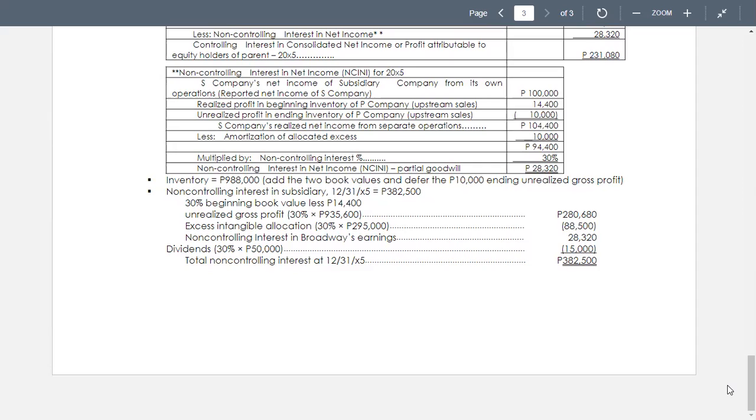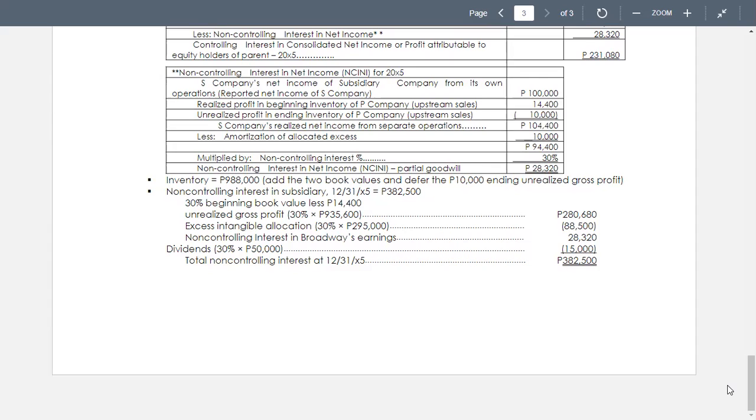Then we deduct the non-controlling interest for the amount of 8,700. That's the non-controlling interest, equal to 8,700.